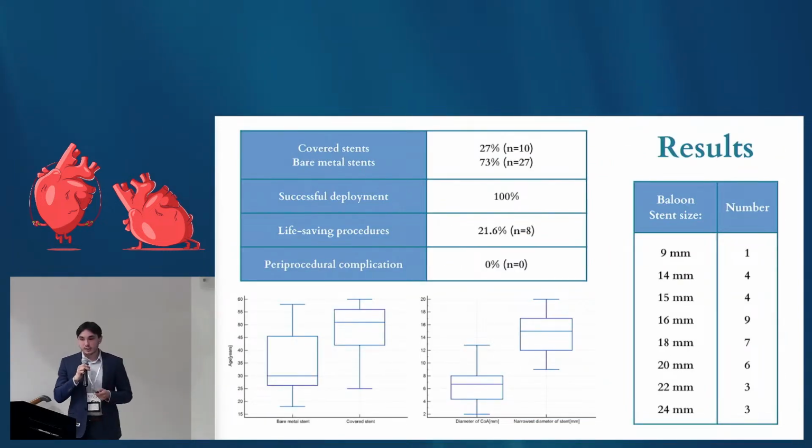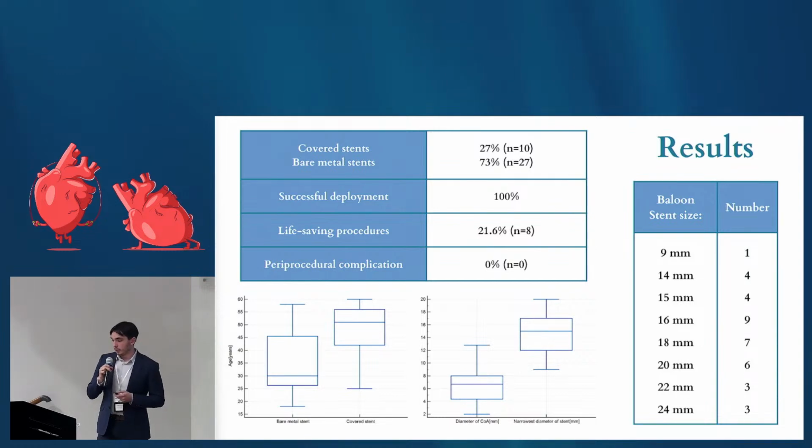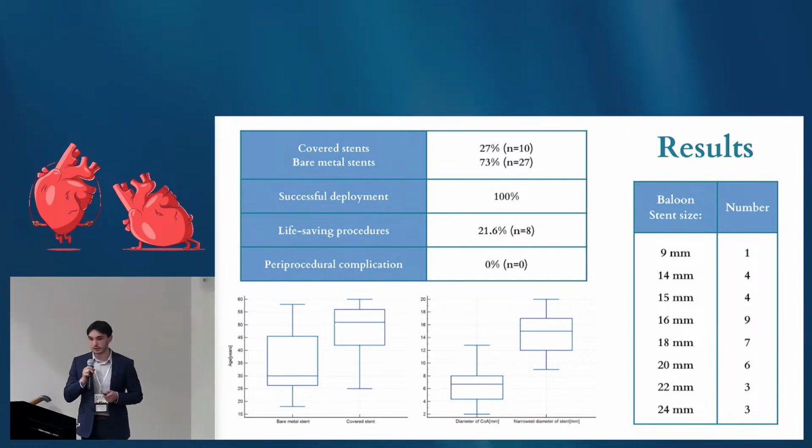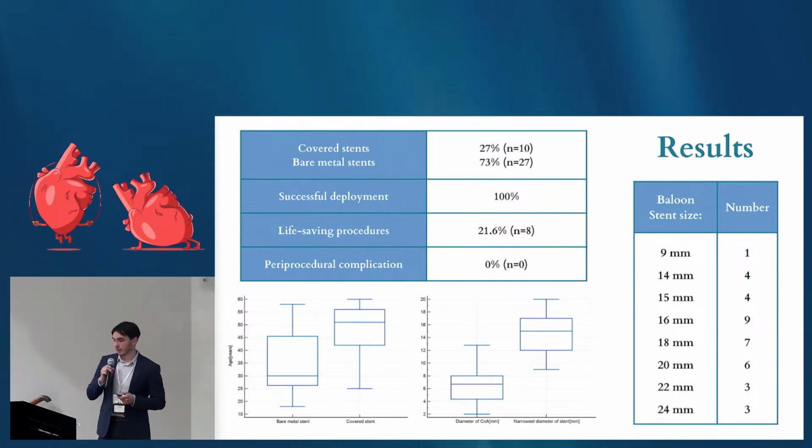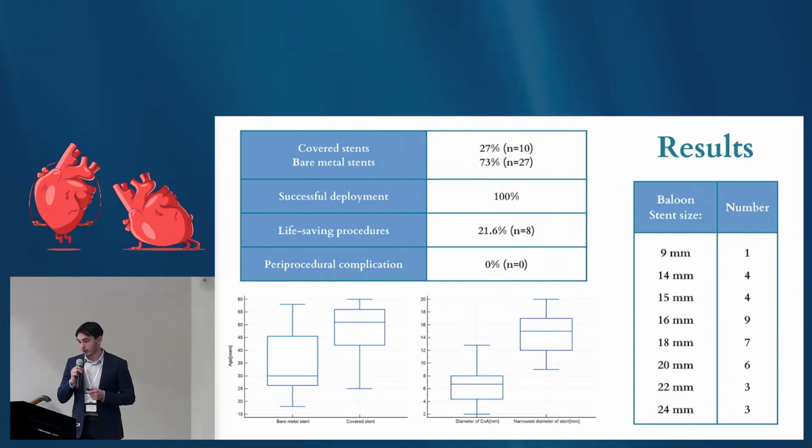In the covered stent group, there were 10 patients, and in the bare metal stent group, 27 patients. All procedures were successful. There were no peri-procedural complications, and notably, 22% of procedures were life-saving procedures.